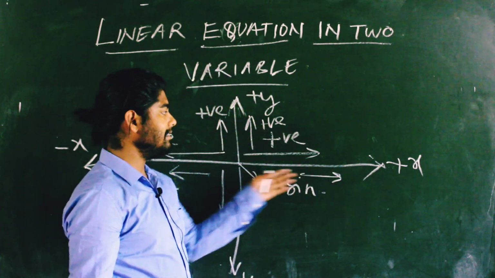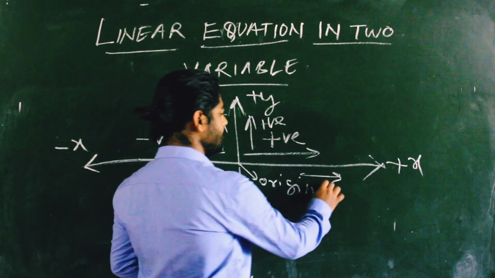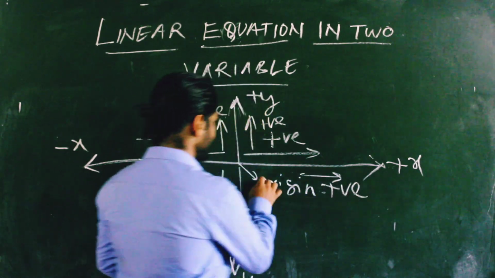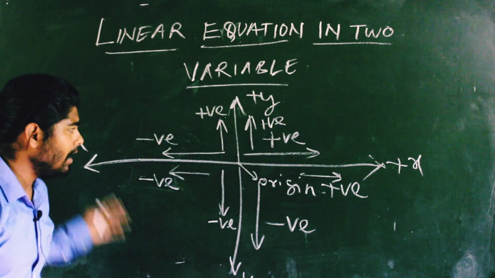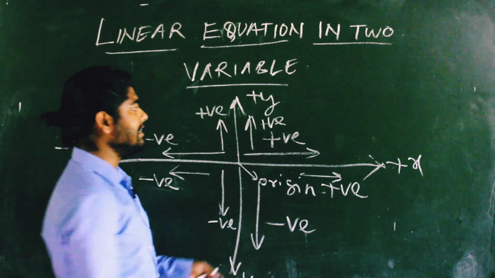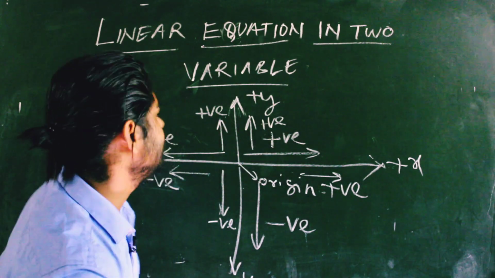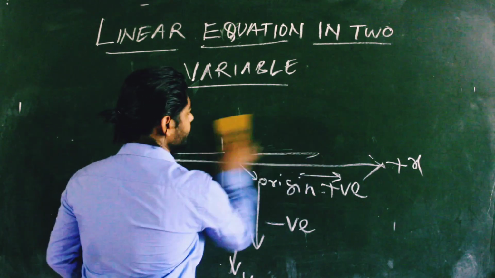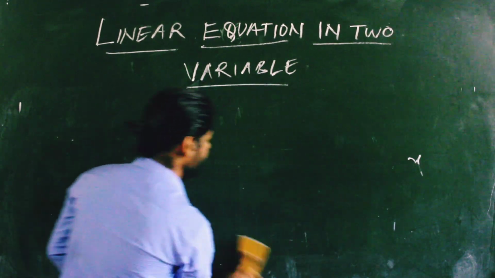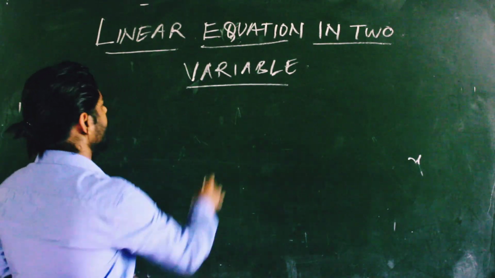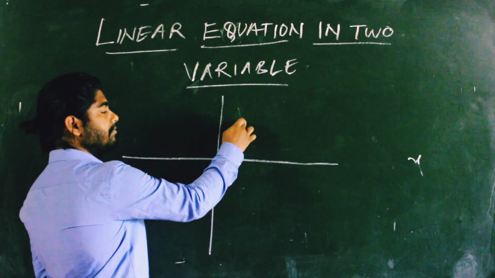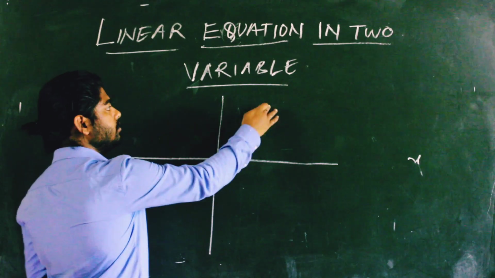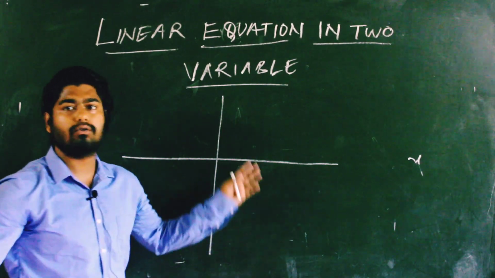So this is from 0 to positive, and negative. Once you have this, you can plot points in their right places. Once you have the graph, these 4 sections of a graph are called quadrants.